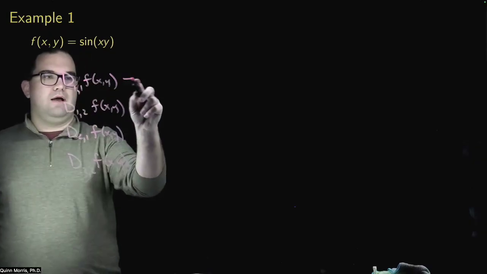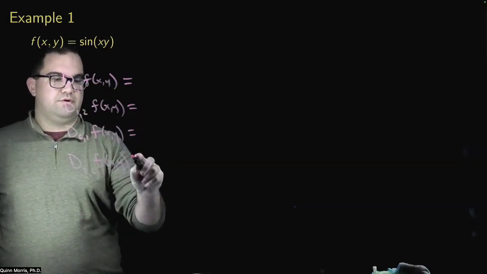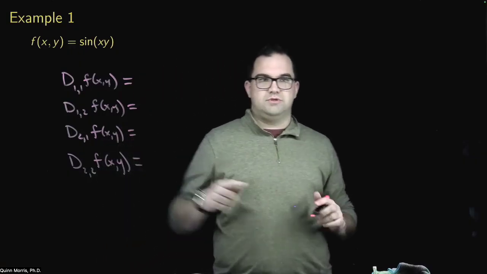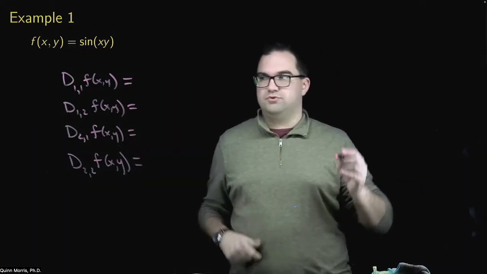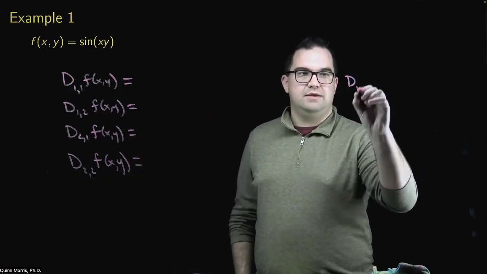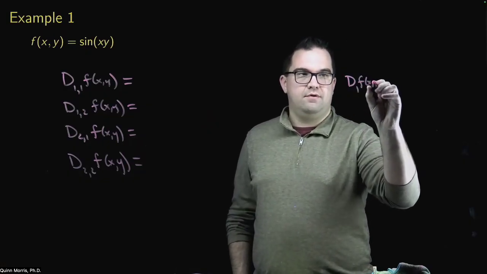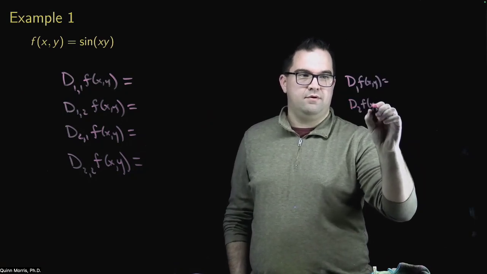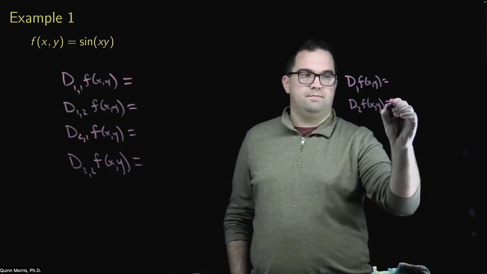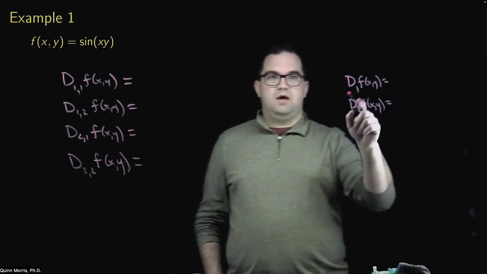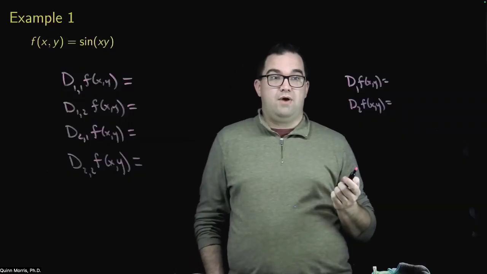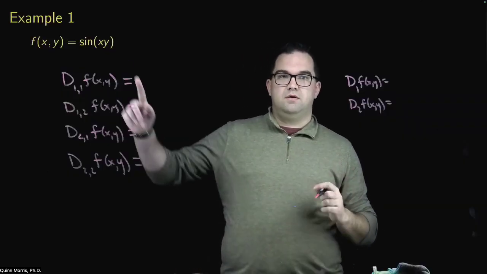Now, I'd like to see if I can quickly calculate each of these. But notice, before I can get any second partials, I first have to understand the first partials. So I need d1 f of x, y, and I need d2 f of x, y. d1 is just the derivative with respect to the first variable. I could also write partial f, partial x.